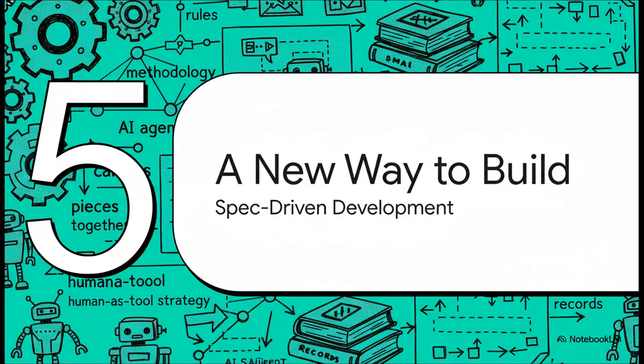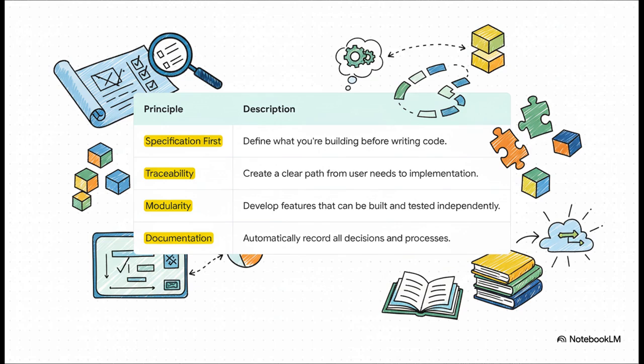So when you combine these incredibly strict rules for the AI with that really specific strategic role for the human, what do you get? Well, you get a complete philosophy for development. It's called spec-driven development. This whole framework is built on 4 key principles. First, specification first, which just means you define everything before you write any code.